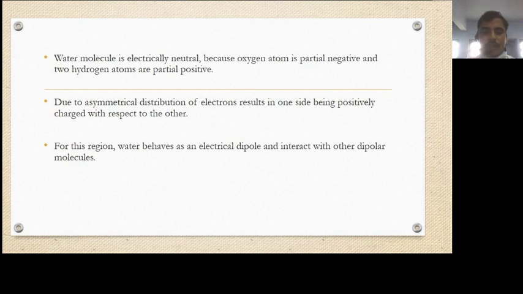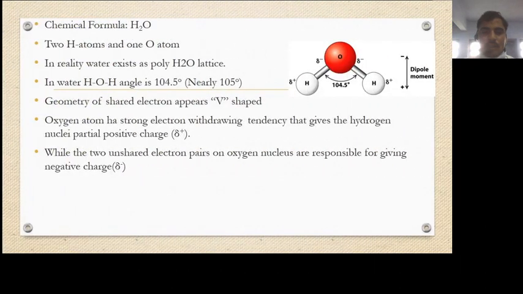In the previous slide, we said that the oxygen atom has a strong electron withdrawing tendency, and because of it, it gives partial positive charges on the two hydrogen atoms, and two unshared electron pairs are responsible for partial negative charge on the oxygen atom.